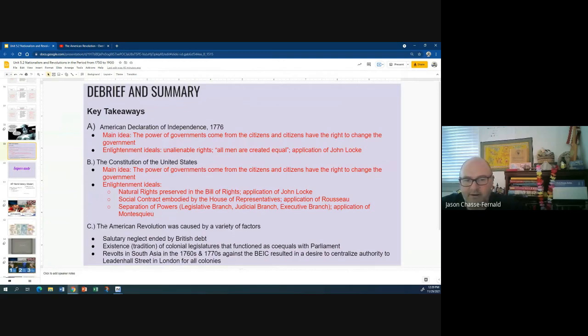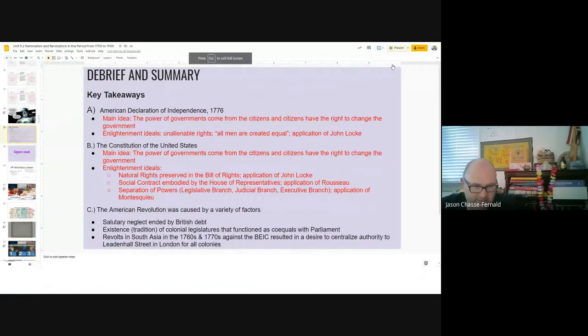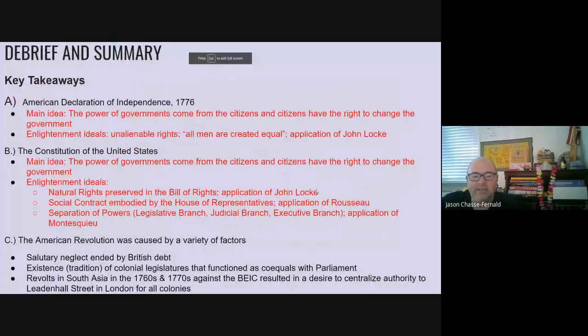So the American Revolution is caused by a variety of factors. Right, salutary neglect is a huge thing, and of course, natural rights, Enlightenment, that tradition, that they thought functioned as a co-equal with Parliament, and of course, the revolts and whatnot in South Asia between the Marathas and the Mughals, resulting in a highly fragmented South Asia at a time in which the British East India Company pushed out the French and other competition.